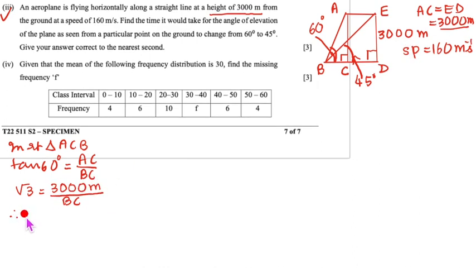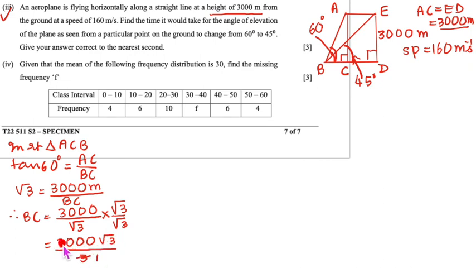So therefore BC is equal to 3000 meter upon root 3. Now anytime we divide by an irrational number, we need to rationalize the denominator, so that will give us 3000 root 3 upon 3. So 3 will divide this 1000 times, so your BC will be 1000 root 3 meters.